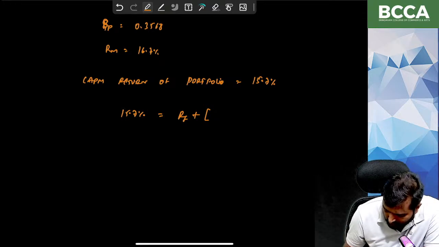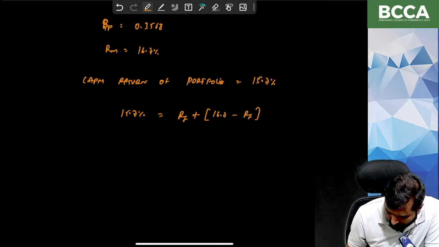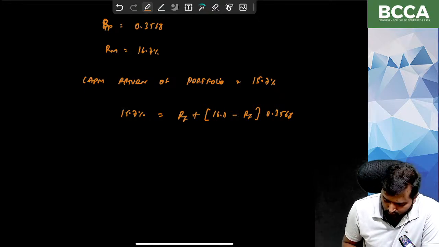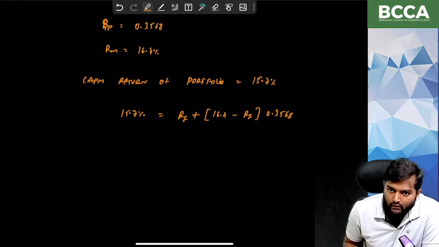So 15.7 equals RF plus (16.7 minus RF) into beta, 0.3568. Clear?